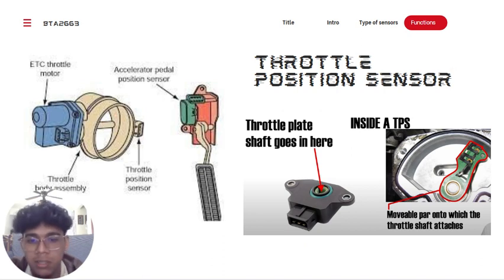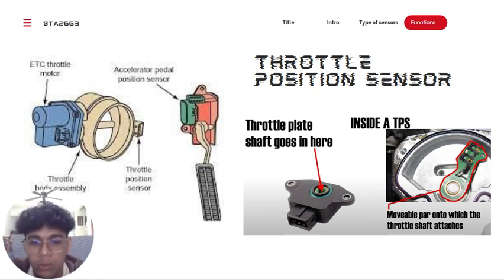A throttle position sensor works by relying on a variable resistor. A variable resistor is essentially an electrical component which changes its electrical resistance output based on its position. It contains a movable part, and different positions of this movable part will have different resistance output.